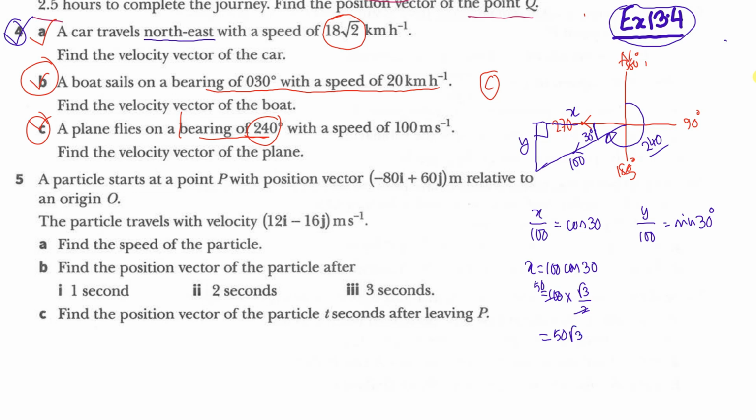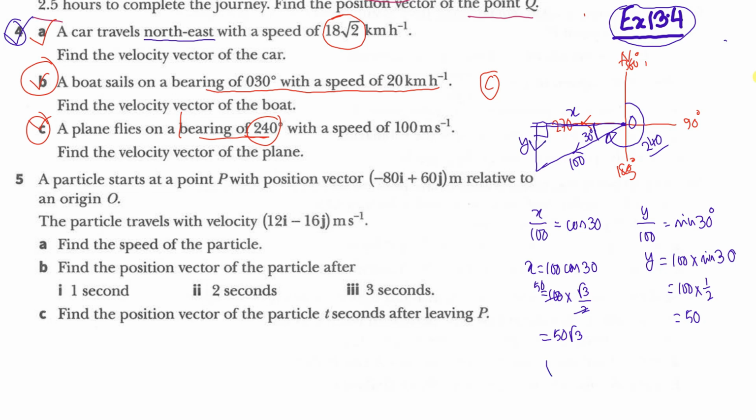You can use a calculator to do that question, but you have to write the exact value. You cannot write the value in decimals. Sine 30, we all know, is half, and it gives us 50. Now, it started from O and goes first to the left direction, so we need to use negative x, and it goes below as well.